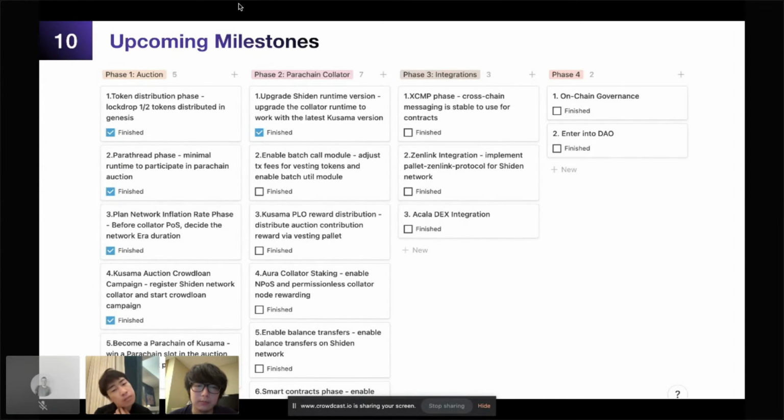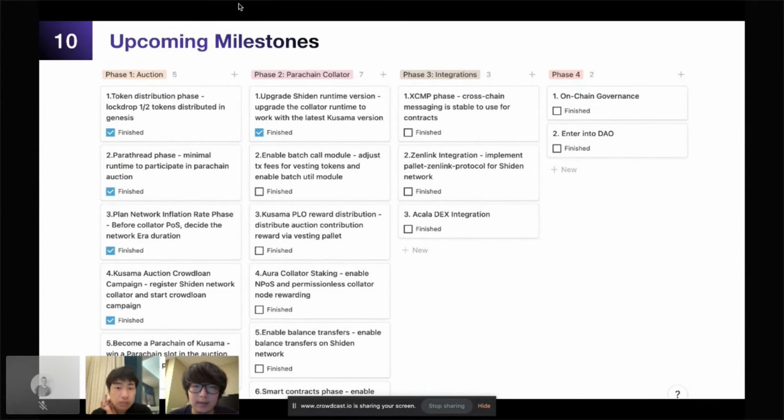We'll heavily rely on working together with other parachains and Parity Technologies as well, Polkadot and Kusama. So we cannot say exactly when, but we estimate that this is going to happen later this year, hopefully, when XCMP is stable enough to be integrated with smart contracts.